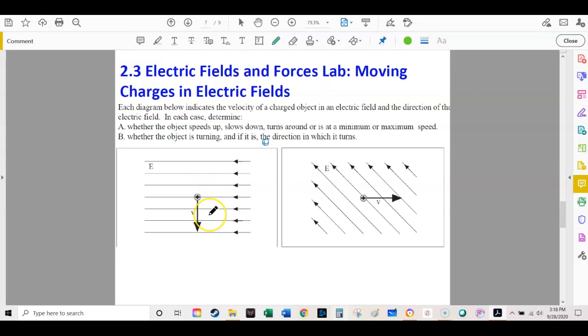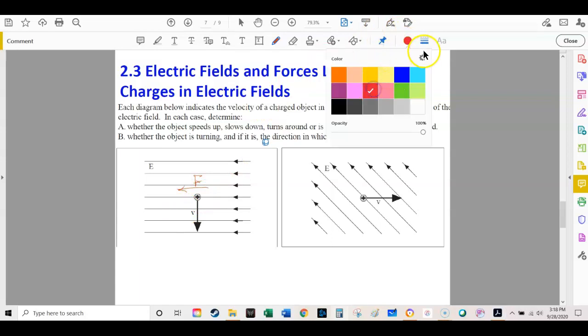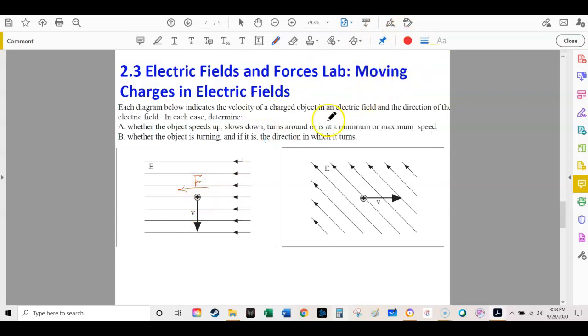Well, this is a positive particle, so there is going to be a force vector pointed downstream, right? And if there's a force vector pointed downstream, that means there's going to also be an acceleration vector in that direction. So I'm going to tag that acceleration vector onto this velocity vector.